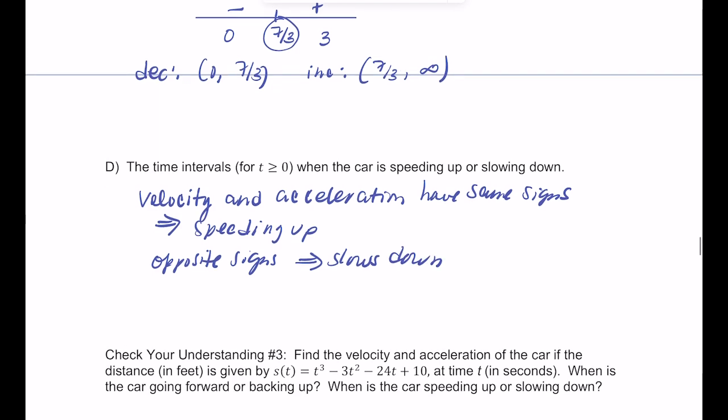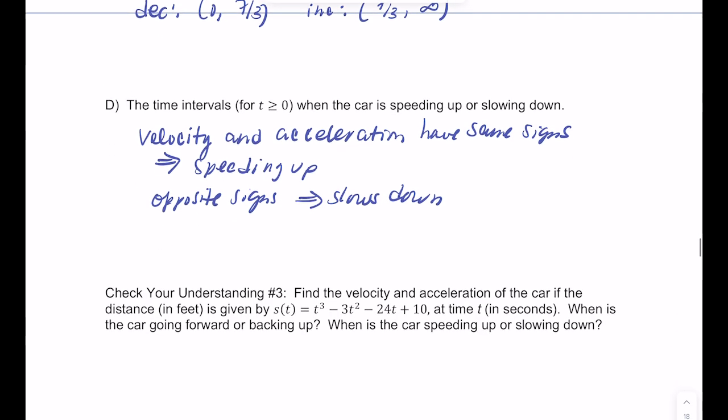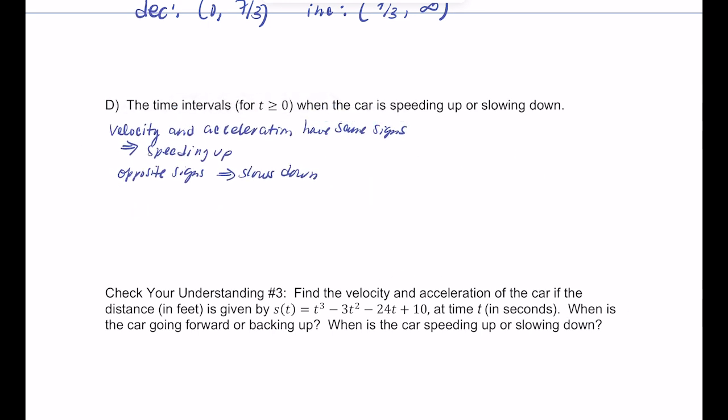So I need to find the acceleration, which we found in part B. It's just 6t minus 4. And again, I'm going to set that equal to 0. Let me shrink this so we have some room. If I solve this, let's see, I would add 4 to both sides.